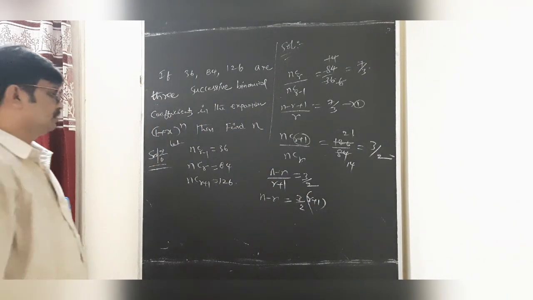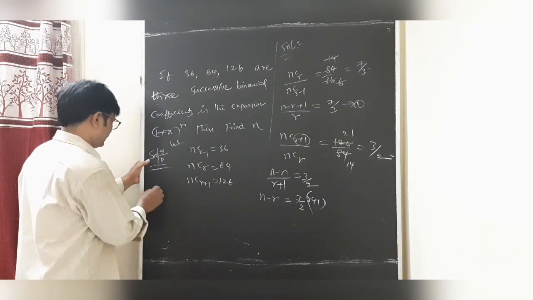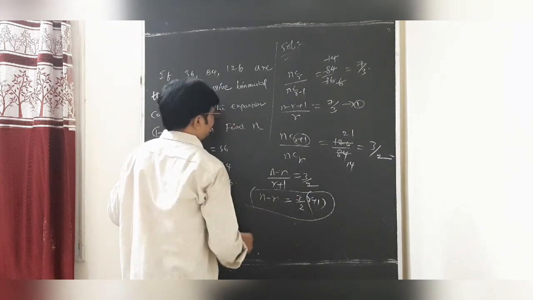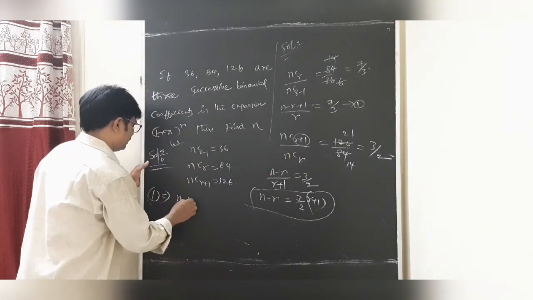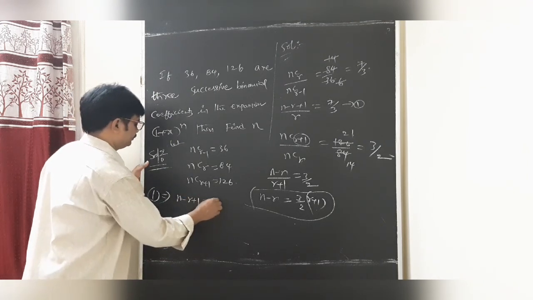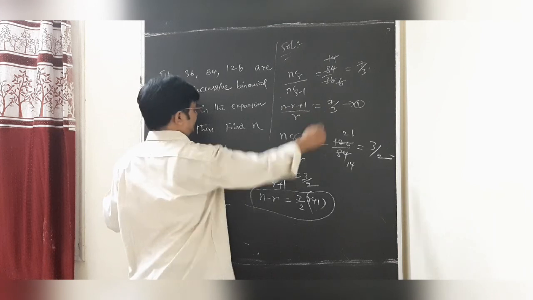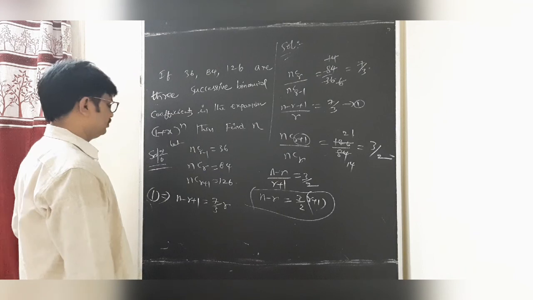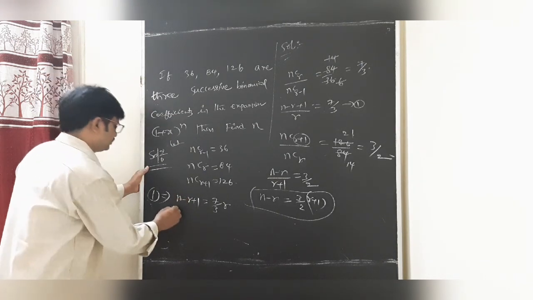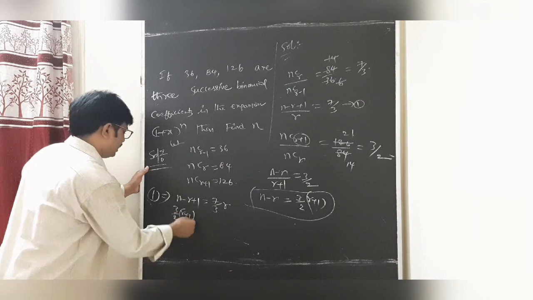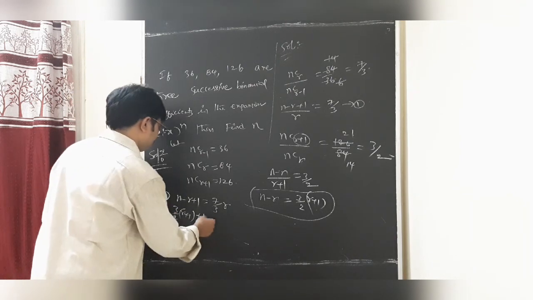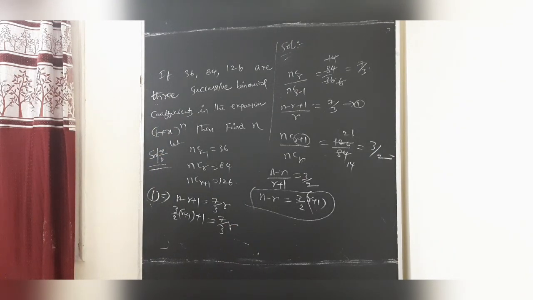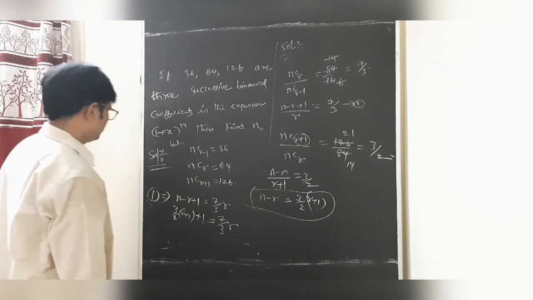My dear students, equation 1 can be written as n minus r plus 1 equal to 7 by 3 r. What is n minus r, students? This is 3 by 2 into r plus 1. Undoubtedly students, n minus r is 3 by 2 into r plus 1, equal to 7 by 3 r. So students, just observe.